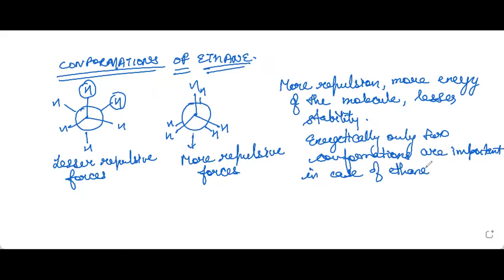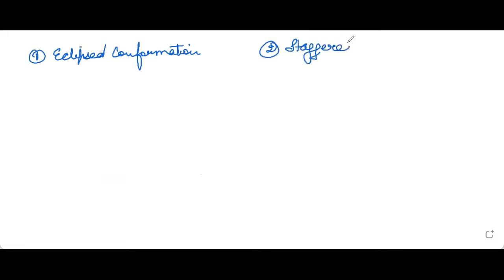All right. Now, these two conformations are known as eclipsed conformation and staggered conformation. Number one is eclipsed conformation. Number two is staggered conformation. Now, what is eclipsed conformation?